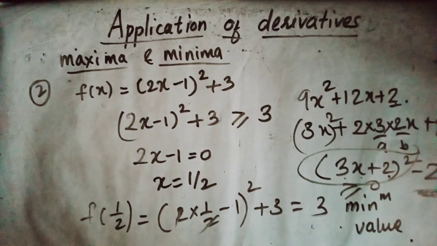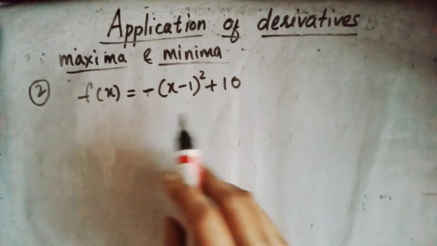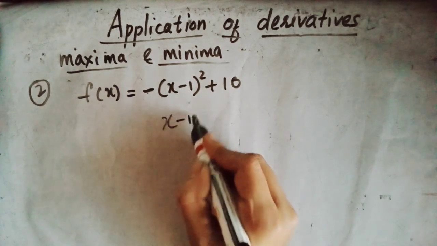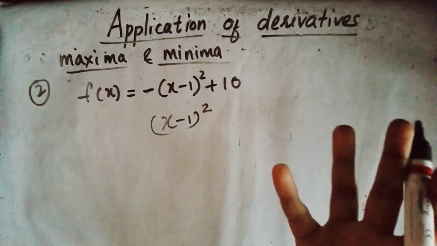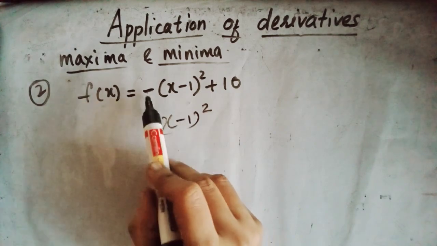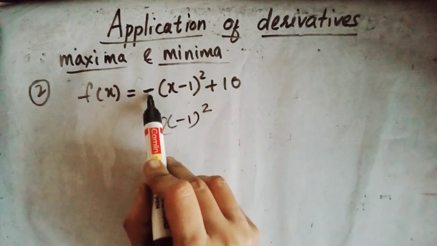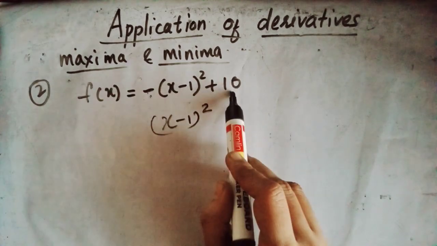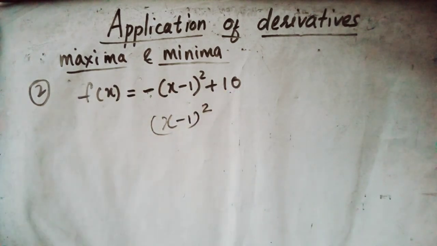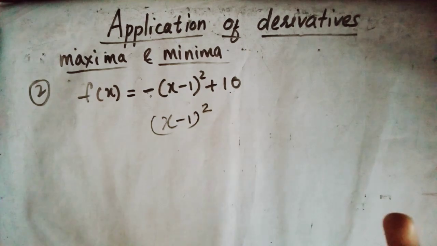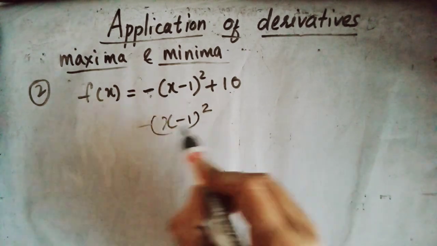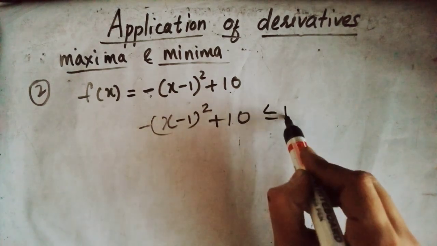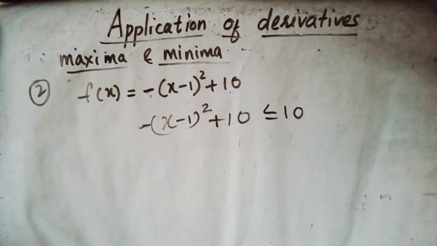Okay, now look at this question. Now this term (x minus 1) the whole square is going to be a positive term, right? So it has a negative sign. So this is going to subtract, that is we are going to subtract something from 10. So this whole term is going to be obviously less than or equal to 10, right?